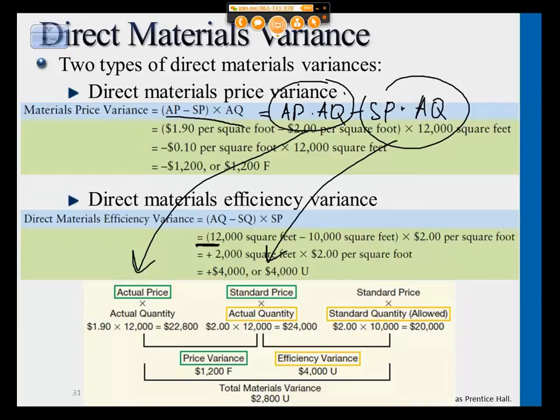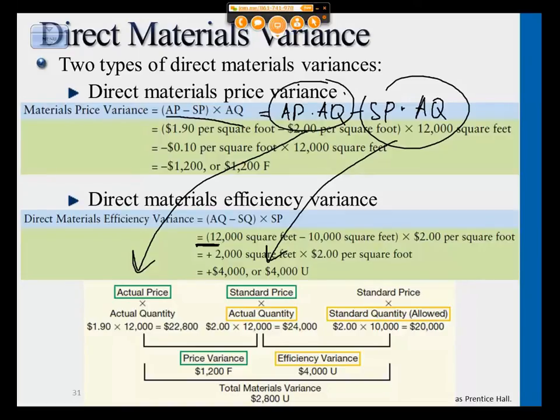Or is it the same? If I take my price variance and add efficiency variance, is it the same if I take actual price, actual quantity, and subtract from it my standard price, standard quantity?